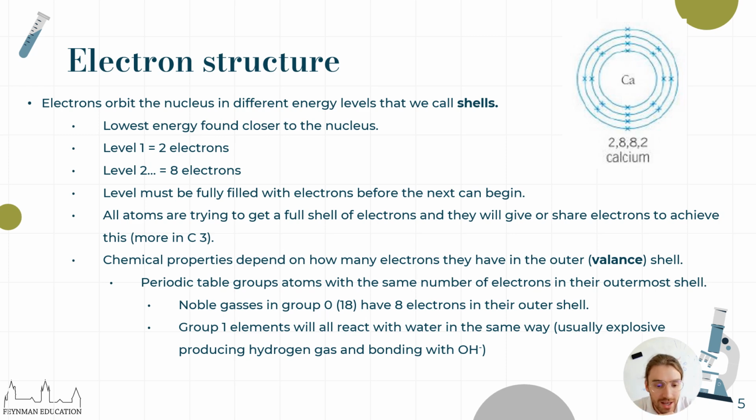When it comes to level 1, it has a maximum of 2 electrons. After that, level 2 has a maximum of 8 electrons. After that, the next level has a maximum of 8 electrons. After that, don't worry for now.